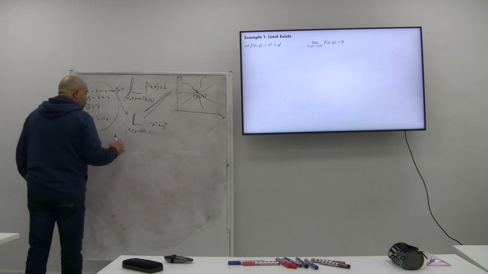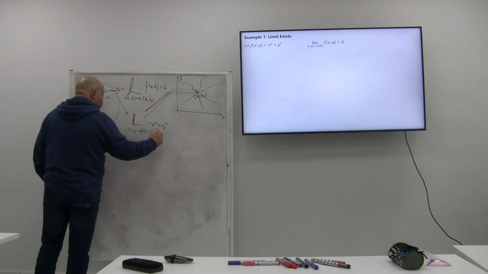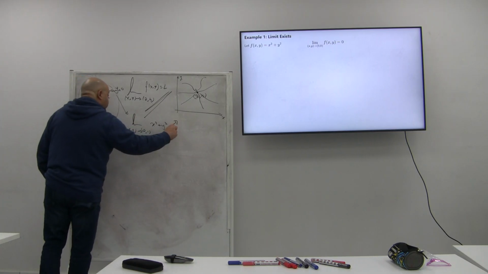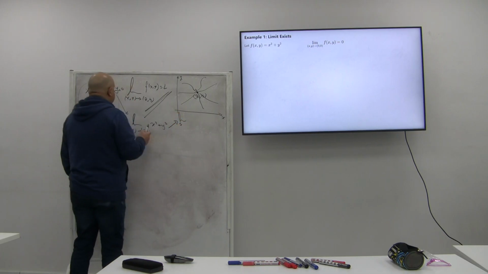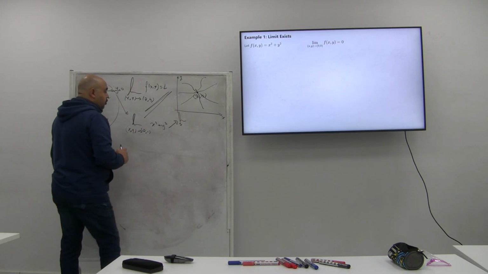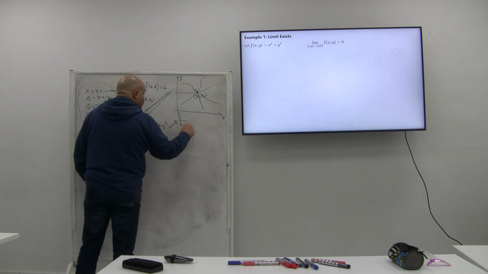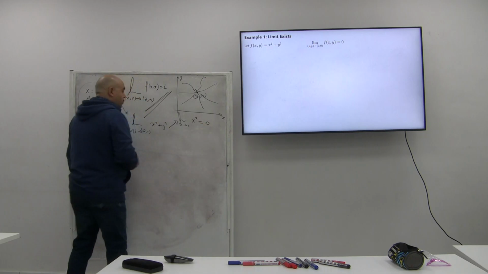This is the limit of x tending to 0, with y equal to 0, so you will have x squared, and the result is 0.